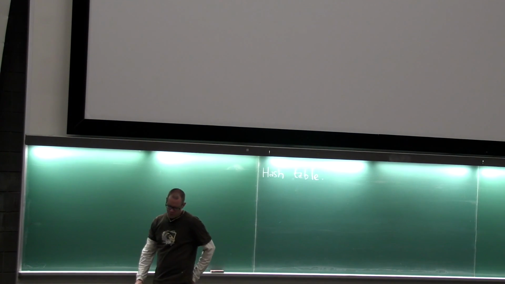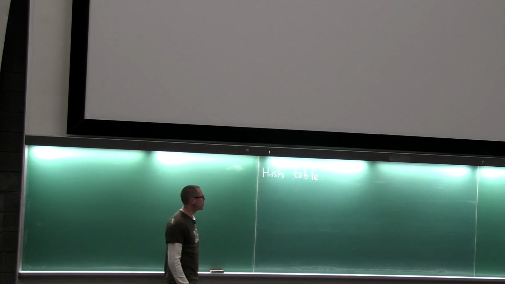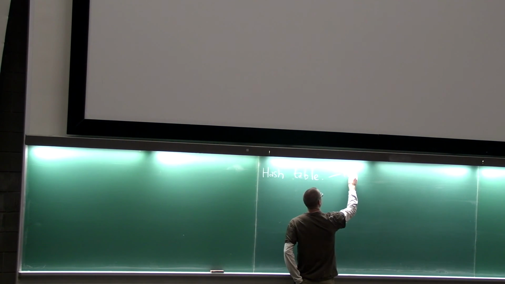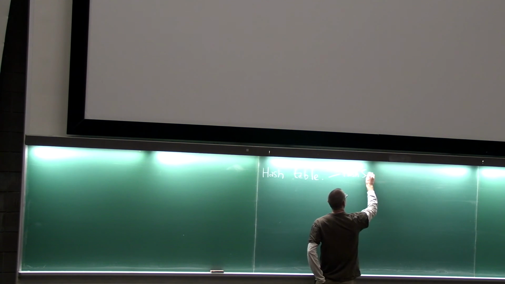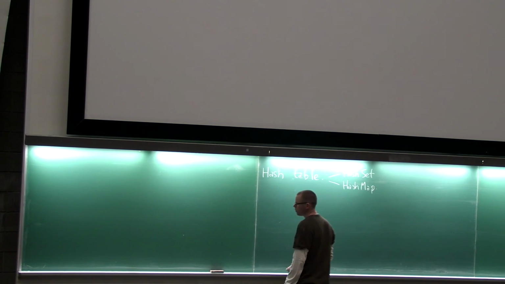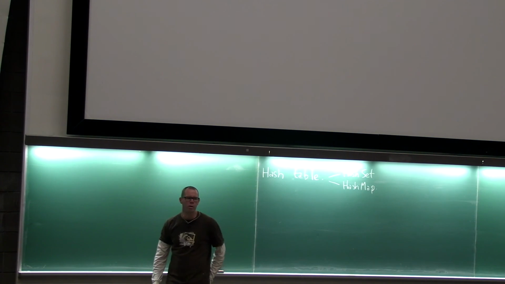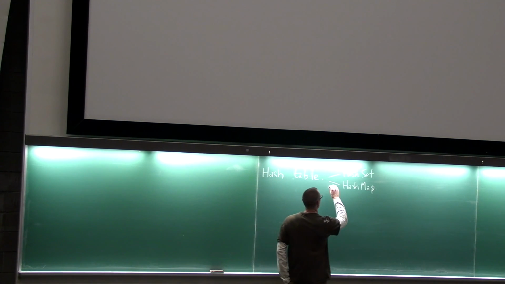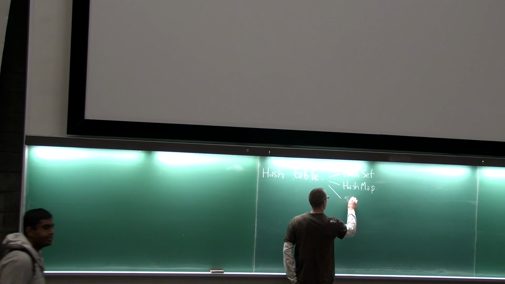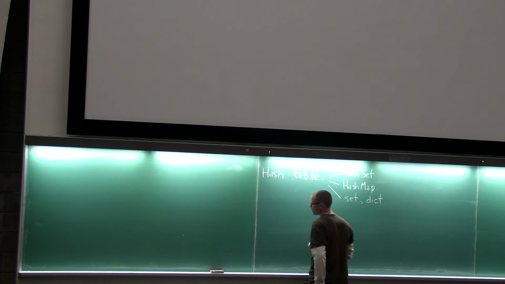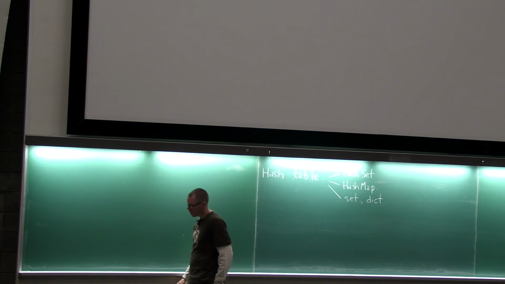In Java, in the Java collections framework in particular, there are a couple of these things: the hash set and the hash map. Both of those are implemented as hash tables. Most of you studied Python last year. Python's set and dictionary classes were implemented using hash tables.